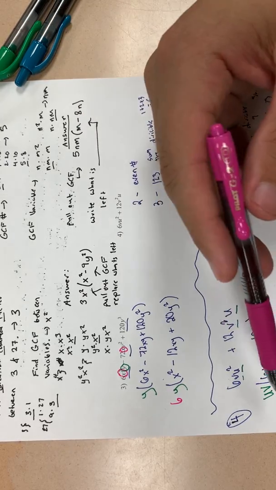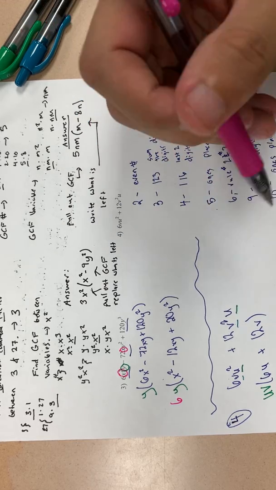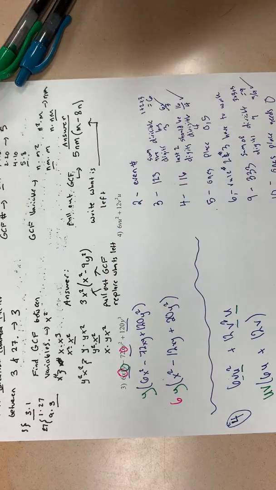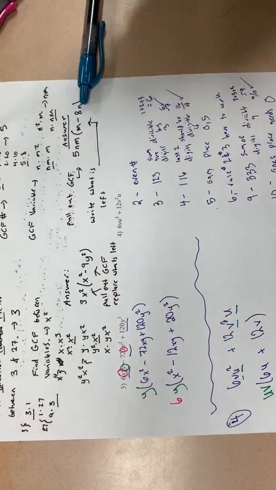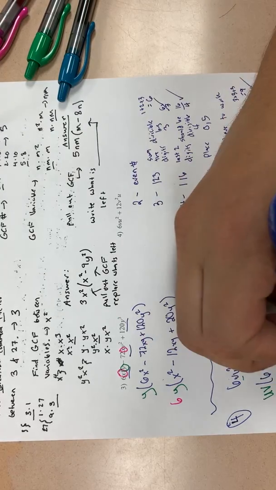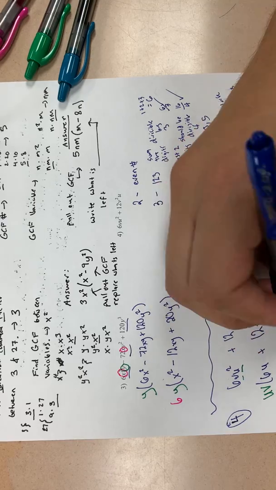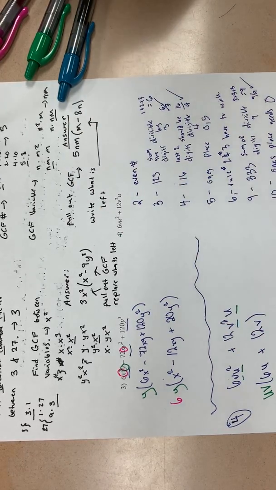There's no 5 or 0. And 6 is the smallest, and rules 2 and 3 work. So once again, 6 is our greatest common factor. So I get 6, and I multiply that by u and v, and I'm left with u plus 2v. And so that's how you would do number 4.